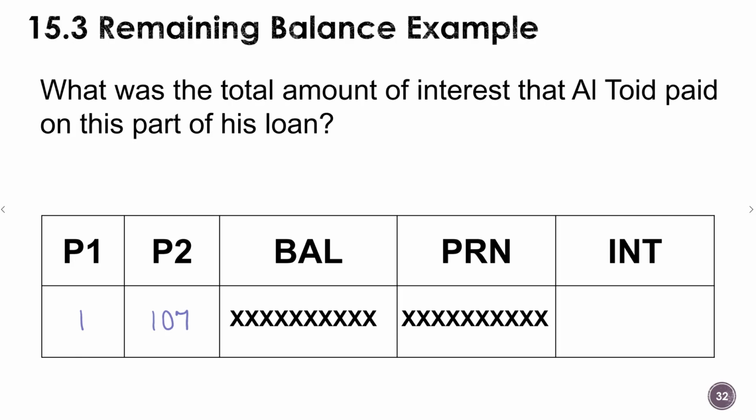So we're going to look at this total amount of interest paid just for this part, and then that means that you're scrolling to find the amount of interest, and it is $24,609.62.